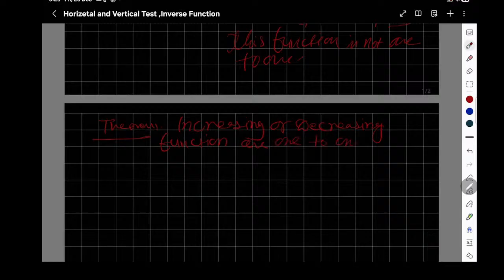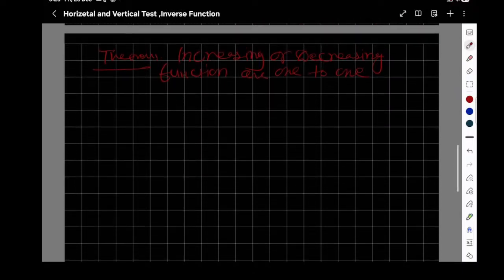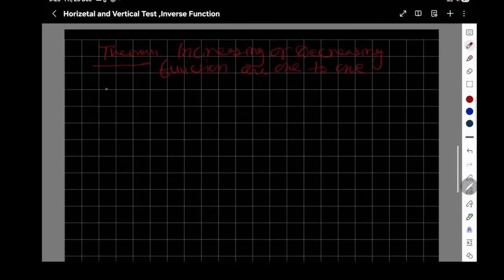This is a very simple concept. It says that a function that is increasing throughout its domain is one to one.